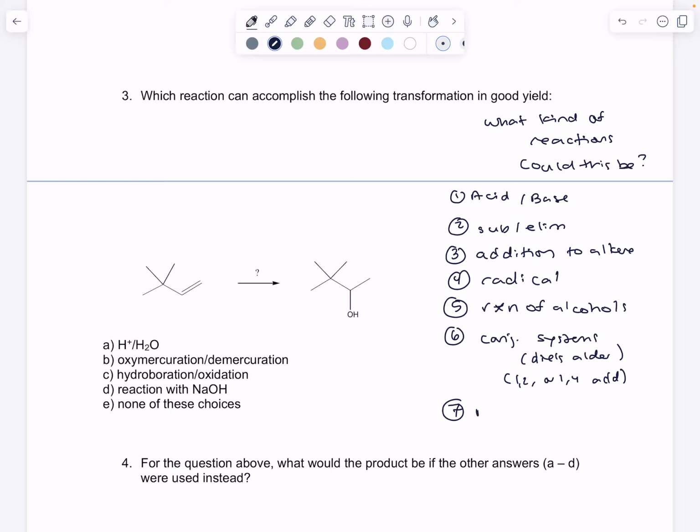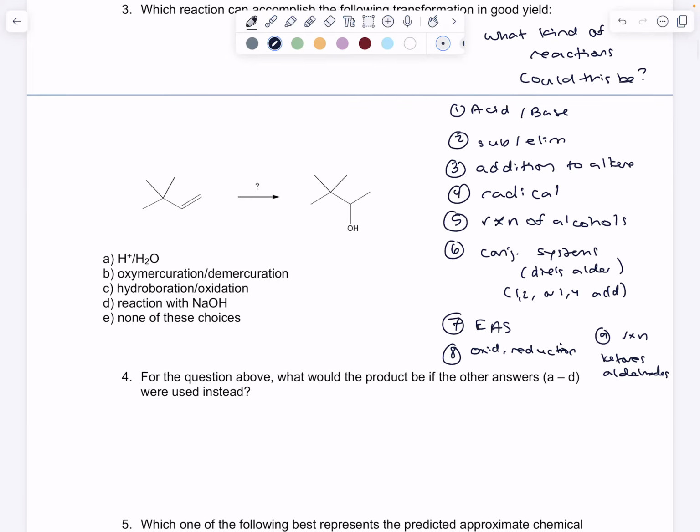And then we went into electrophilic aromatic substitution, and then we did reactions of oxidation, reduction, and then we also did more reactions of ketones and aldehydes, and that included like the hemiacetals, amines, all of that. And then we've learned carboxylic acid reactions. So this is kind of an overview of all the reactions you've learned in OChem 1 and OChem 2.